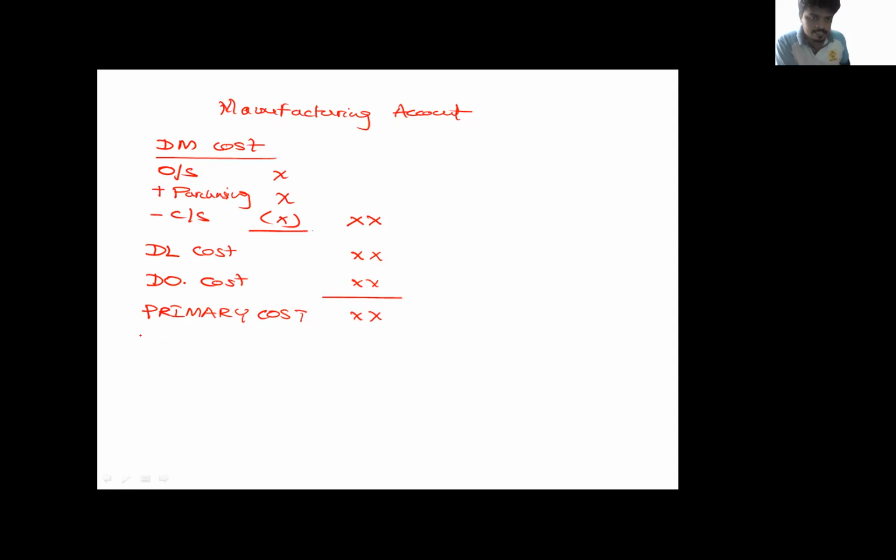Then we can add production overhead cost. Then the total we know as total manufacturing cost.